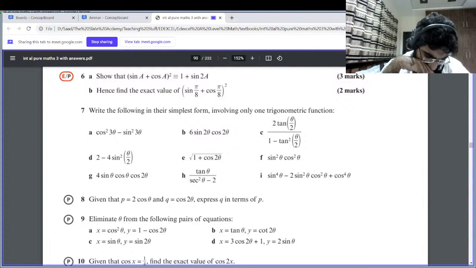P squared will be 4 cos squared. This is 2 cos squared. P by 2 whole square, no?